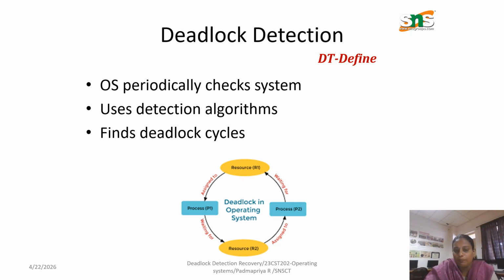Deadlock is the formation of a cycle: resource R1 is assigned to process P1, and the same resource R1 is requested by process P2, and resource R2 is assigned to process P2, but the same resource R2 is requested by P1. Due to this, the cycle happens.